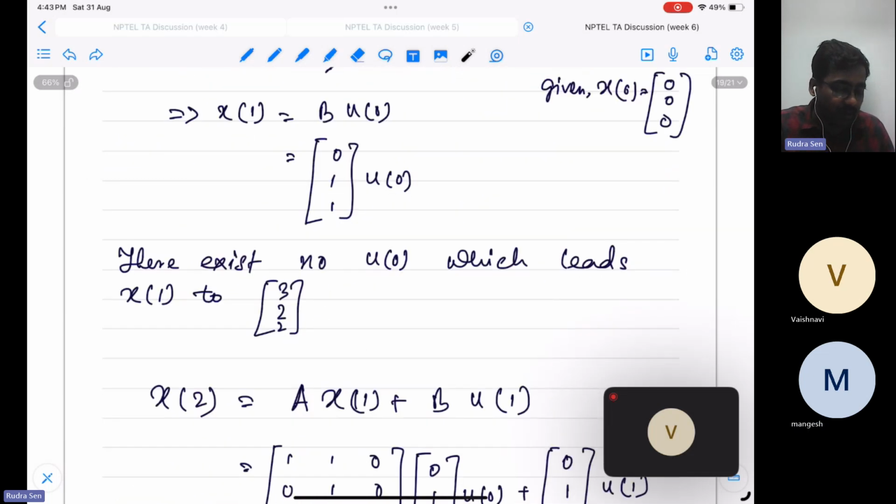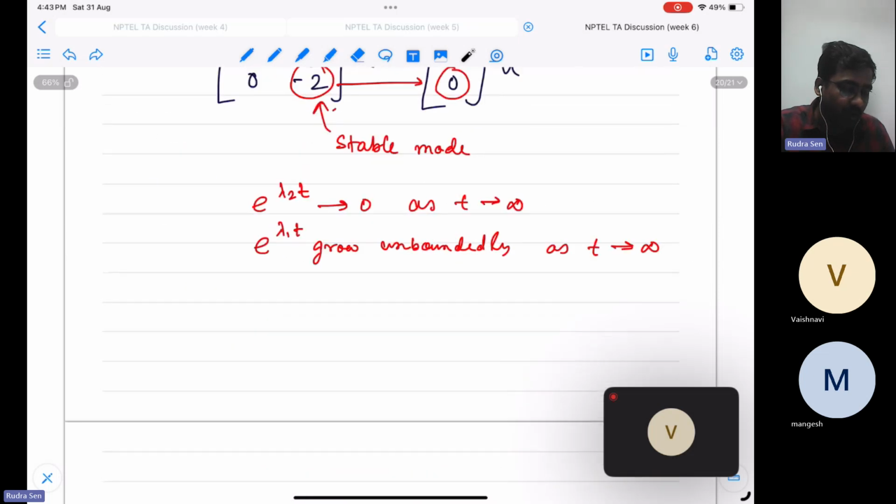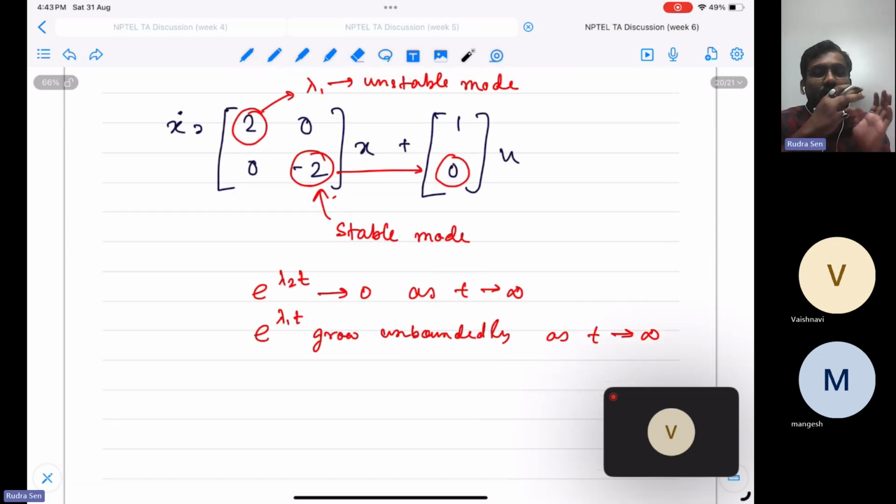Once you convert it, you have to check which are the stable modes, which are the unstable modes, which are controllable, and whether there is any control input associated with the unstable mode or not.